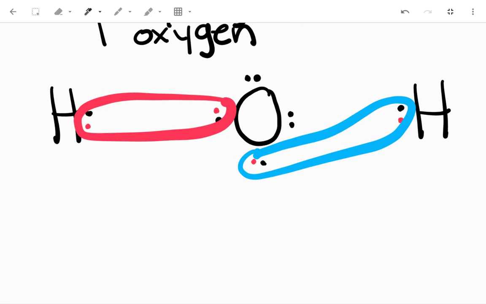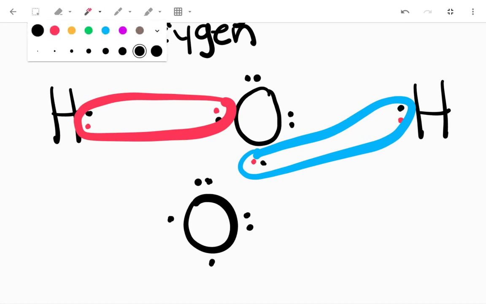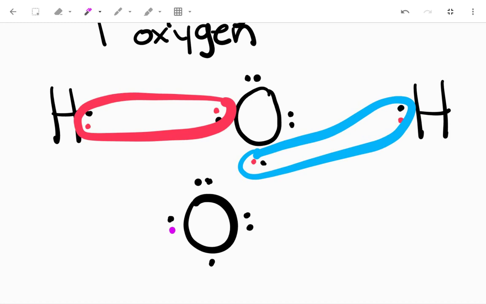So oxygen is going to be my central atom. Oxygen right here. We have 1, 2, 3, 4, 5, 6. And I'm going to do purple for the one that we're sharing with this hydrogen. And I'm going to do green for the other hydrogen.